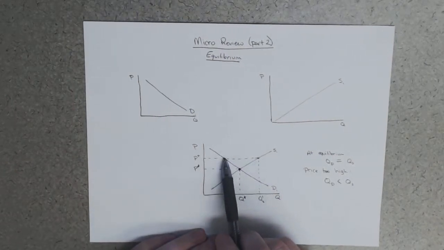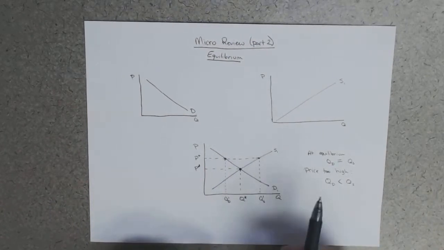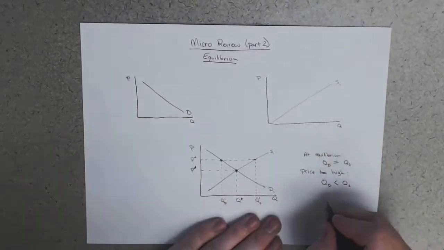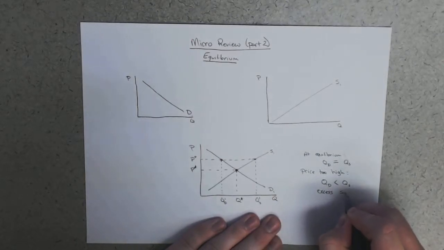But at high prices, people don't want to buy it. So there's going to be lots of milk not getting sold. And so this distance here, QS1 minus QD1, is the amount of the excess. So we can call this an excess supply.